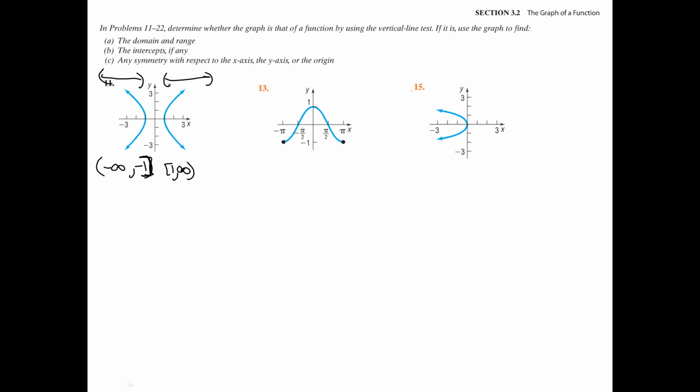The possible y values, these arrows indicate that you go up and down forever, so the range is all y values from -infinity to infinity. Any symmetry with respect to the x-axis? Yes. Y-axis? Yes. Origin? Yes.